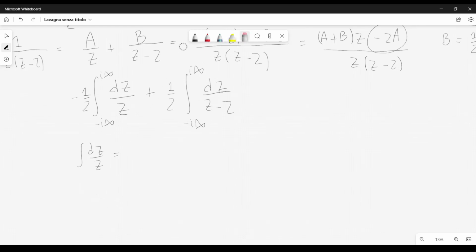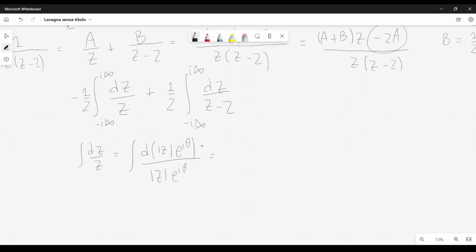And when z is a complex quantity, we can simply rewrite this integral like this: integral of the differential of the magnitude of z times the phase. So it's e to the i theta, where theta is the phase of z, and we divide by absolute value of z, e to the i theta.